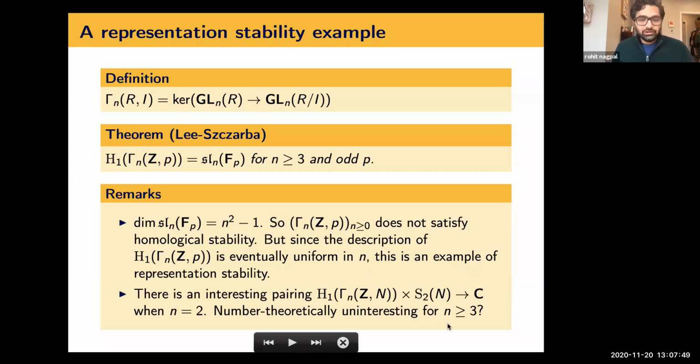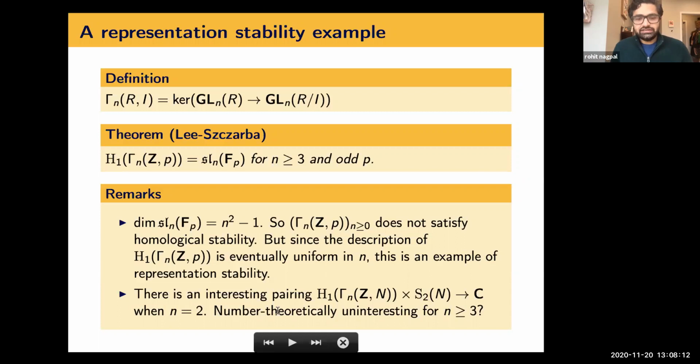Another interesting thing to note here is that if you take the first homology of the congruence subgroup, then it has a very interesting pairing. Here S_2(N) is the space of weight 2, level N holomorphic cusp forms.